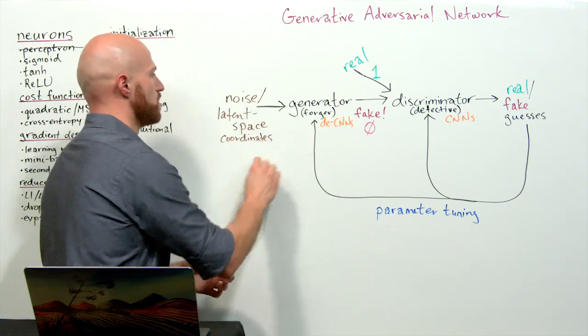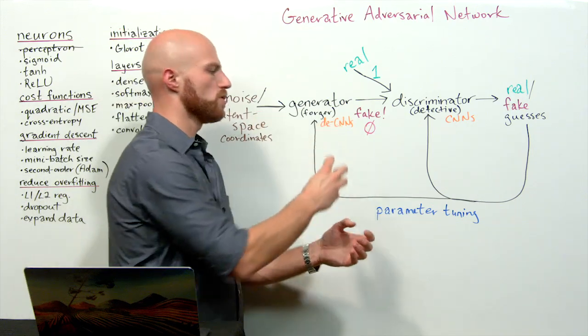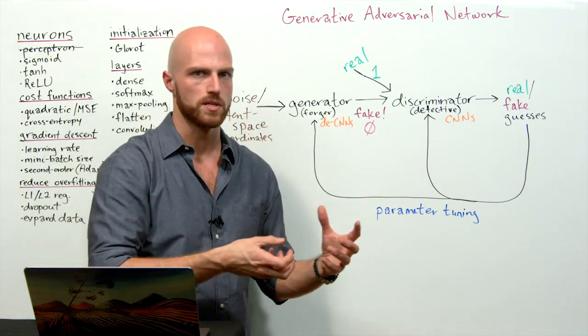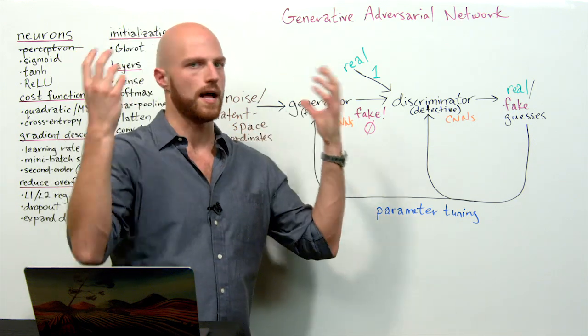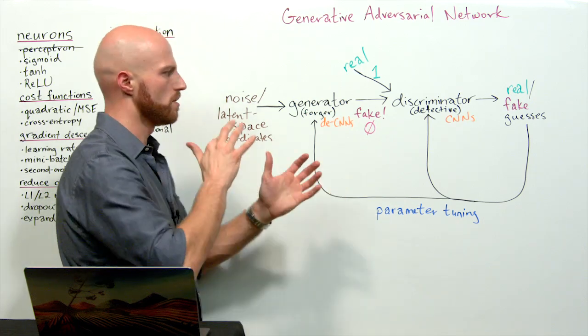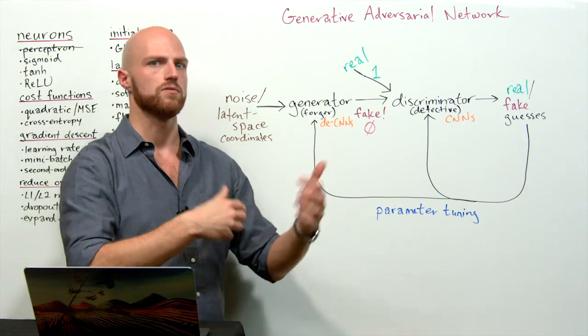Alternatively, we could feed in specific latent space coordinates because we're looking for a particular kind of image, so a particular kind of celebrity's face, one with a beard and glasses or whatever. We know that once this is well trained, you can map the latent space and have a sense of what to expect.